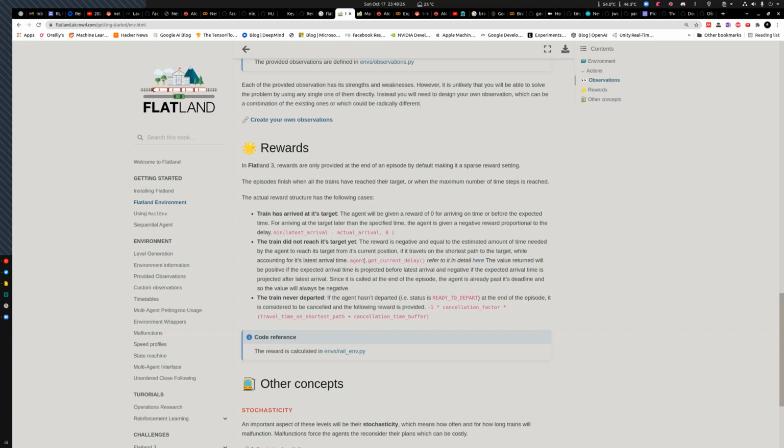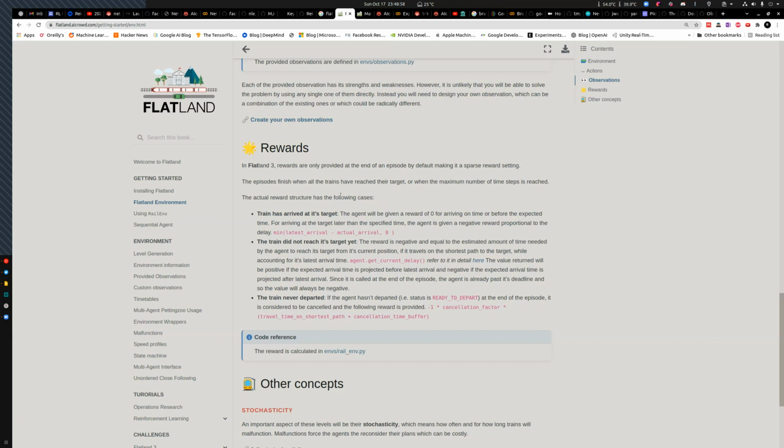And for a train that has not reached its target yet, it is the current delay time, where the clock starts when the train starts from its source destination.